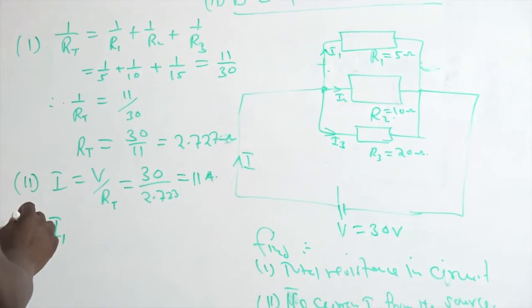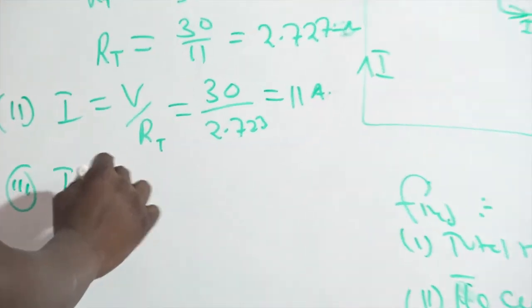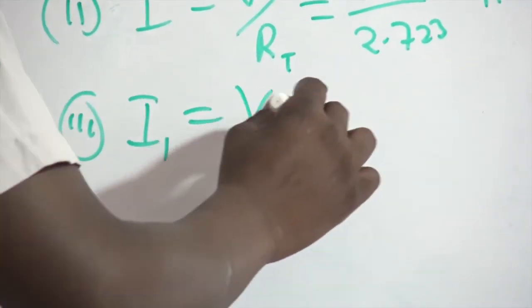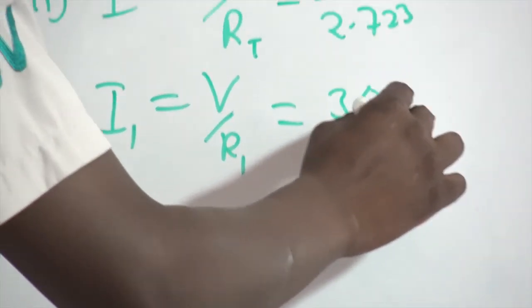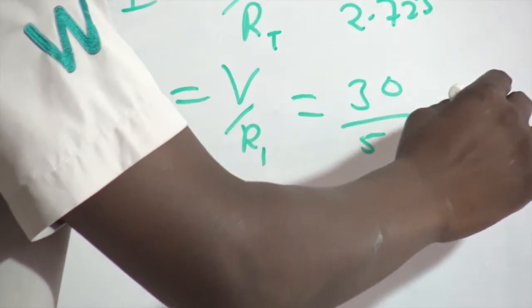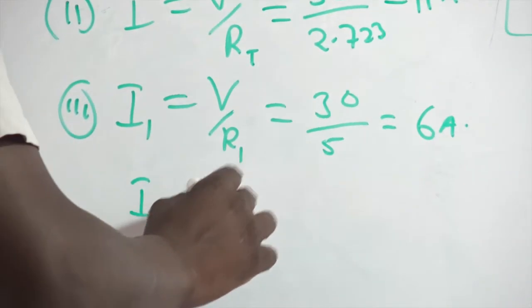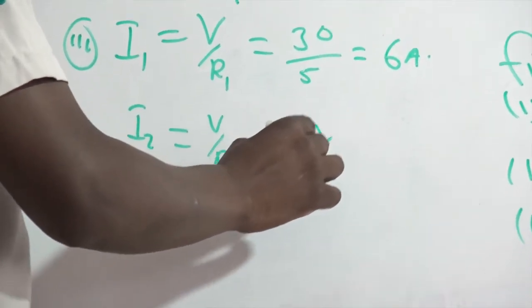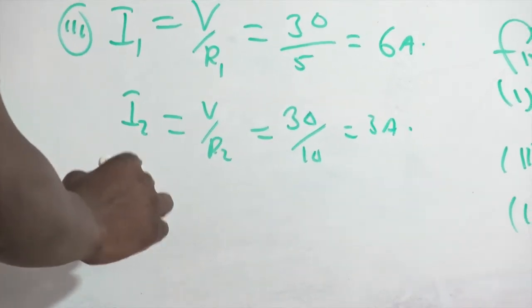For you to get I1, that's number 3, you have to use V over R1. V is 30, R1 is 5, so this is 6 amperes. I2 is V over R2, that is 30 over 10, which is 3 amperes.